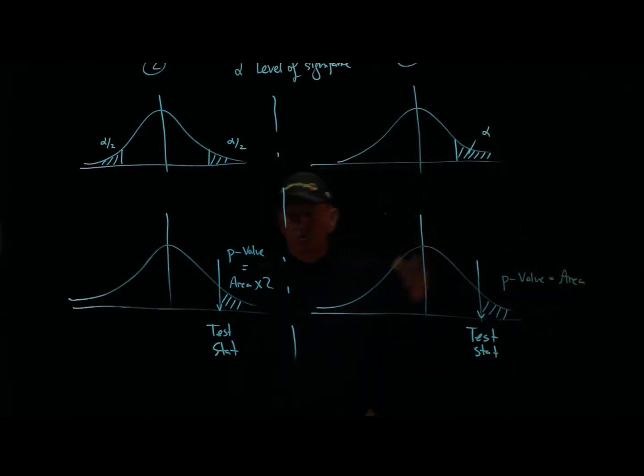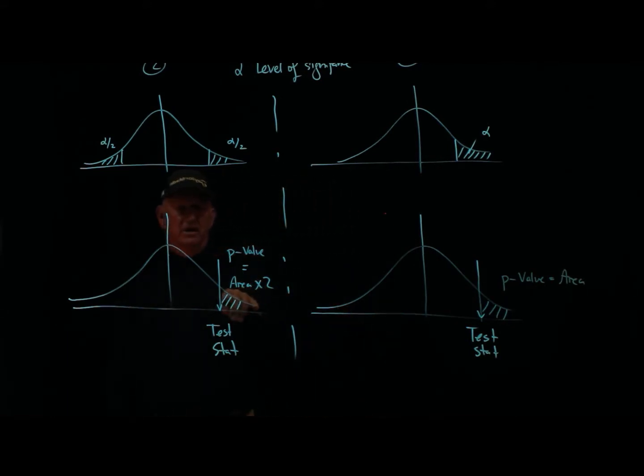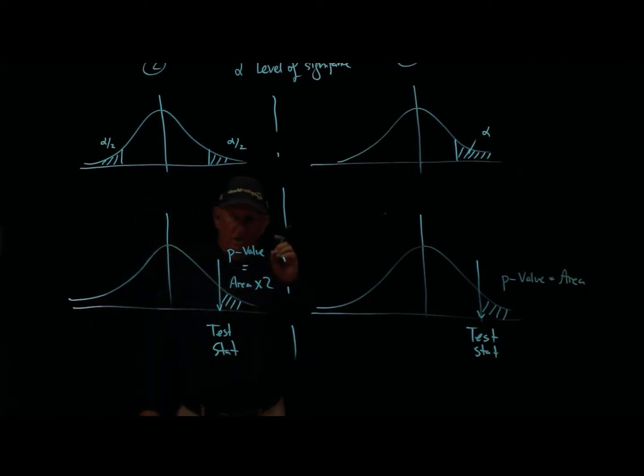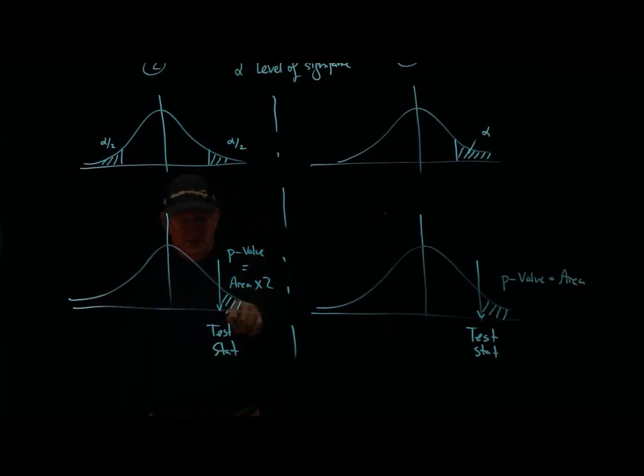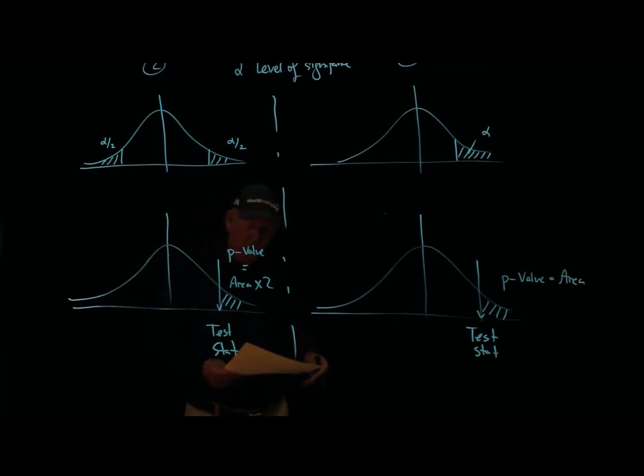Okay, I'm ready to do your problem now. You may not have recognized that before. You just have to go back to the definition of the p-value. The p-value is the probability of getting a result as extreme as the test statistic or more extreme. So the test statistic in two tails could have fallen over here, or it could have fallen over here. Well, you double it. So let me read the problem.